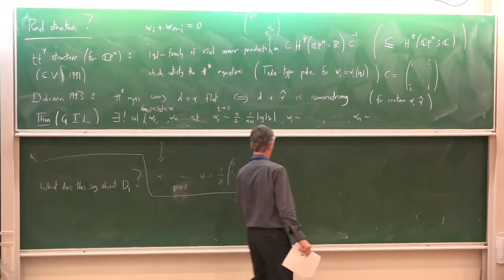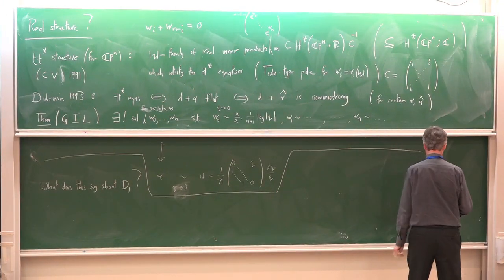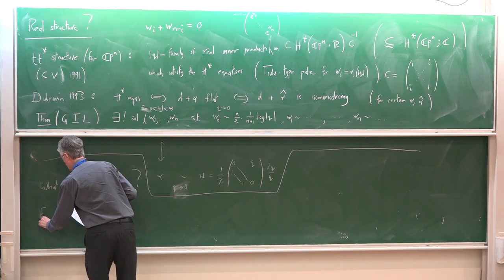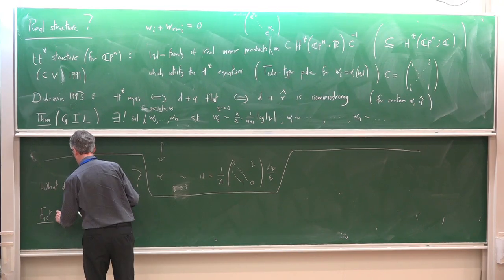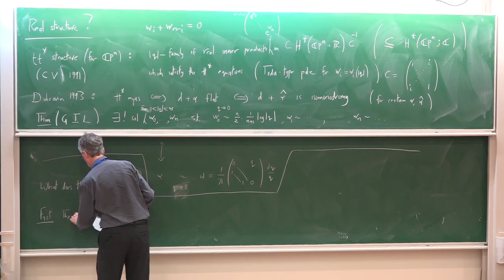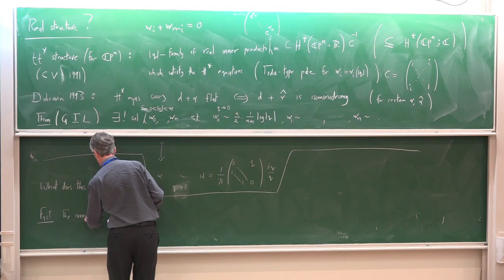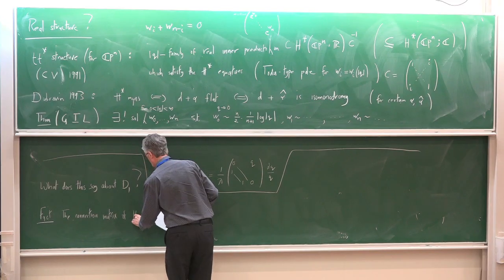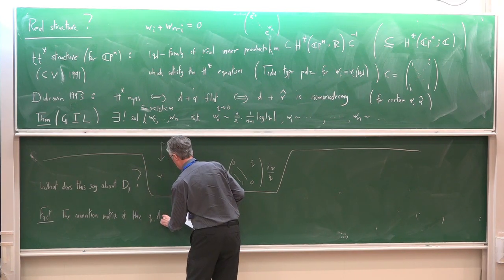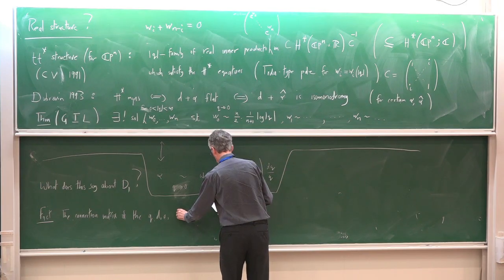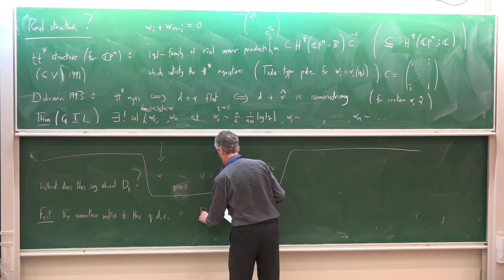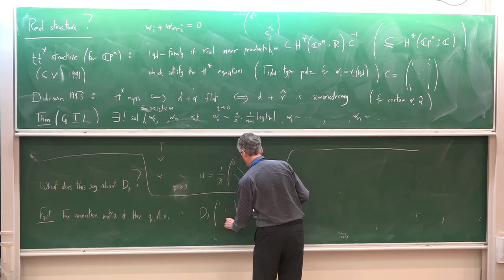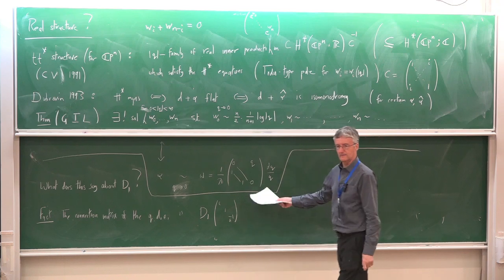What does the theorem say about D1? Well, I don't have time to explain this carefully, but it's a fact that the actual connection matrix of the quantum differential equation of CP2 is, first of all, you have to multiply by that constant matrix, which I had yesterday, so I won't explain this again.